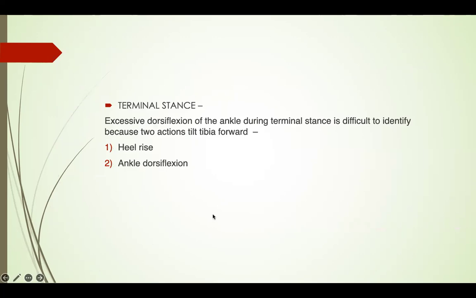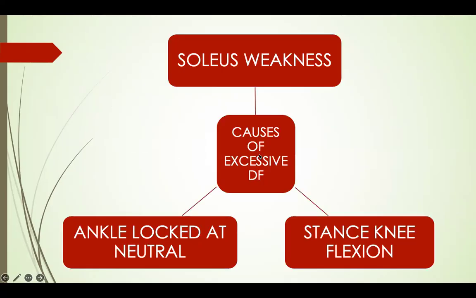Excessive dorsiflexion of the ankle during terminal stance is difficult to identify because there is heel rise and ankle dorsiflexion. These both things will tilt the tibia forward. Causes of excessive dorsiflexion can be soleus weakness, the ankle being locked at neutral, or knee flexion.